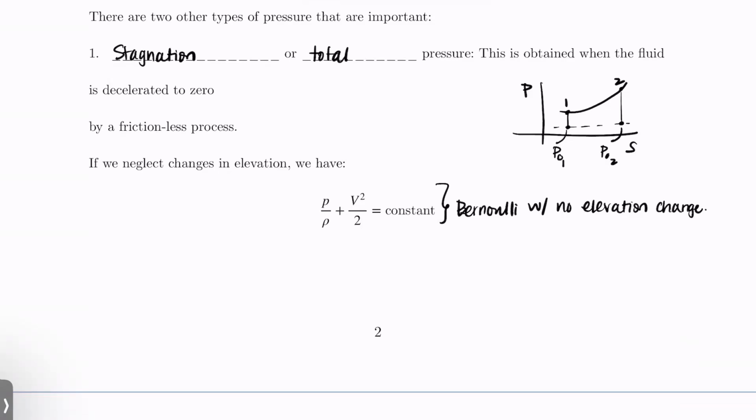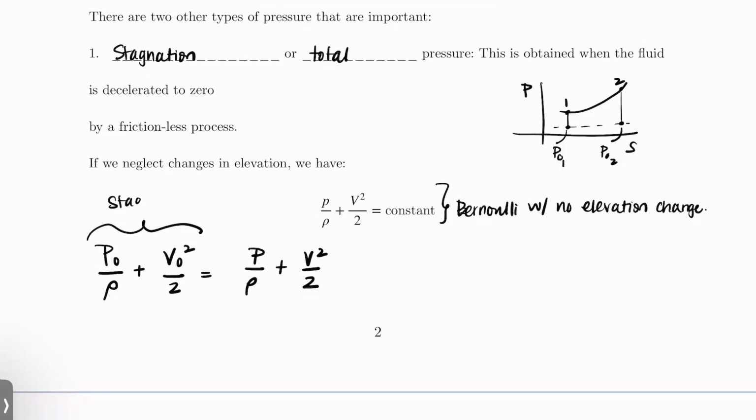We can use our Bernoulli equation between some general condition and then down to our stagnation conditions. So we can say that our stagnation pressure divided by density plus stagnation velocity squared over 2 is equal to P over rho plus V squared over 2. So these are our stagnation conditions.